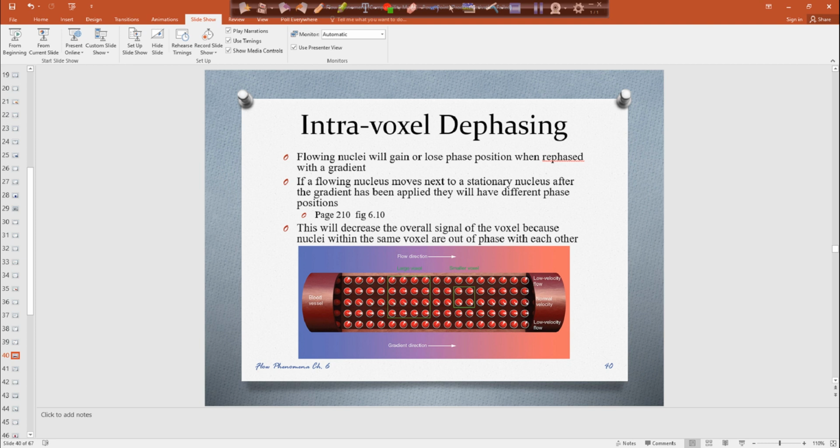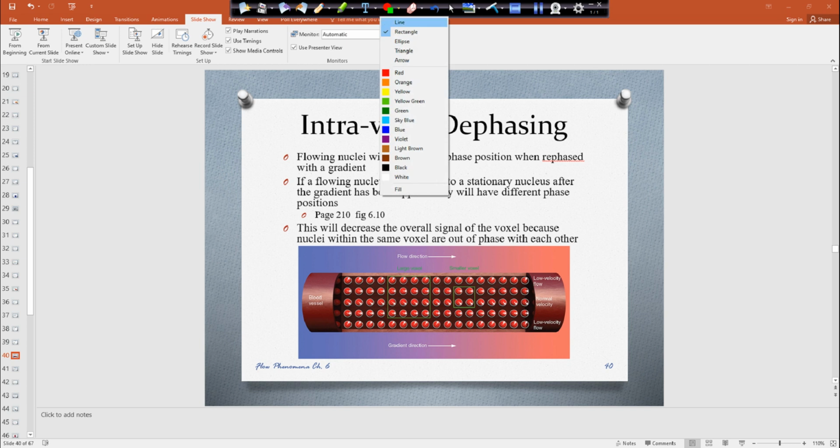And when we turn a gradient on, it typically creates a nice linear curve, where we have a more positive end on one side and a more negative end on the other. That linear fashion makes it predictable. So that changes our precessional frequencies.